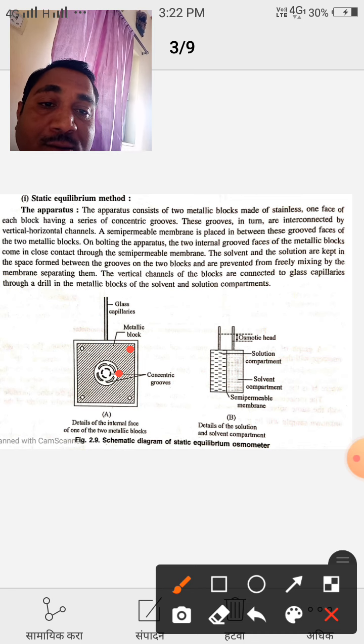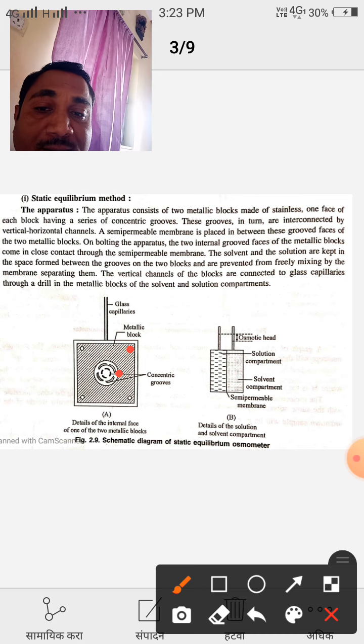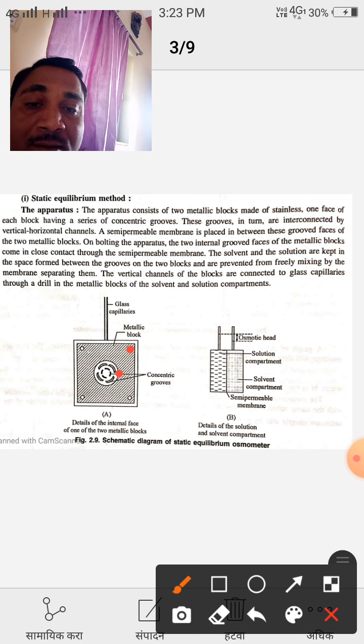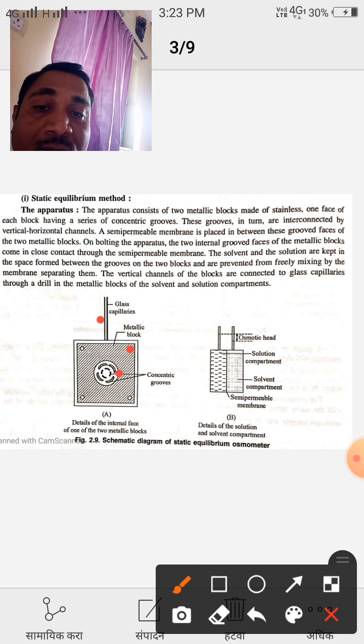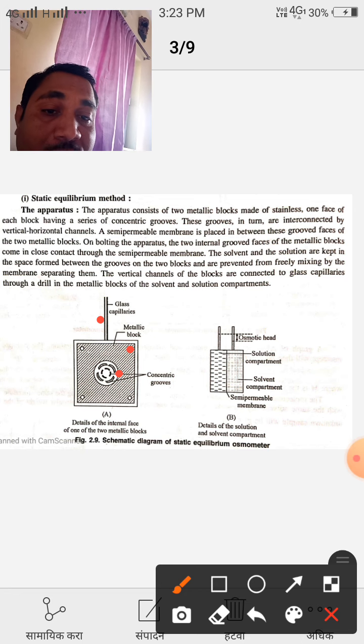Solvent and solution are kept in the space formed between the grooves on the two blocks and are prevented from freely mixing by the membrane separating them. The vertical channels of these blocks are connected to glass capillaries through a drill. This one is the glass capillary through a drill in the metallic block of the solvent and the solution compartment.